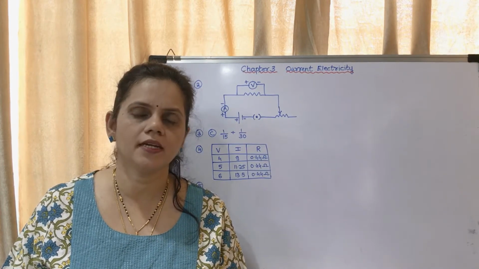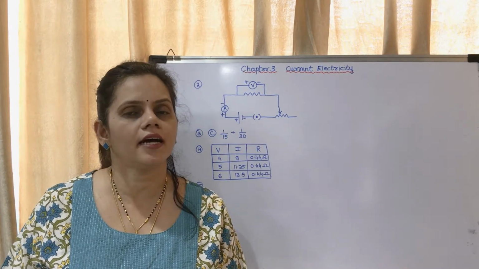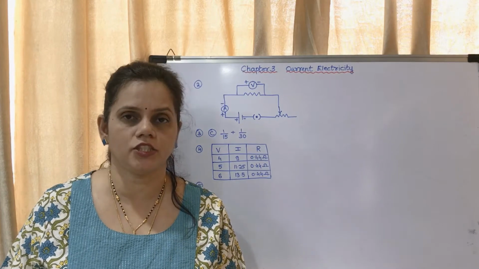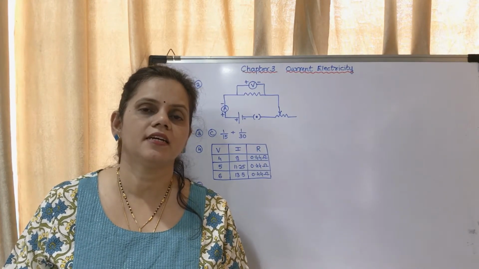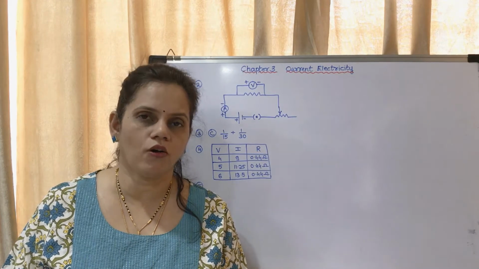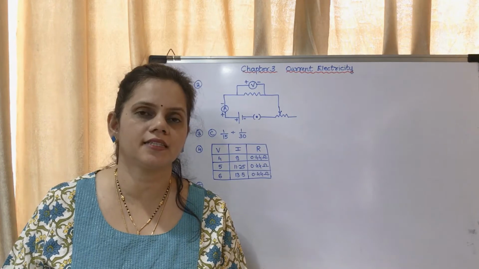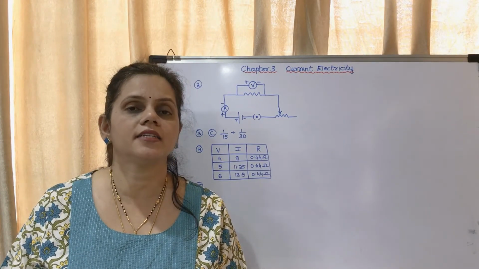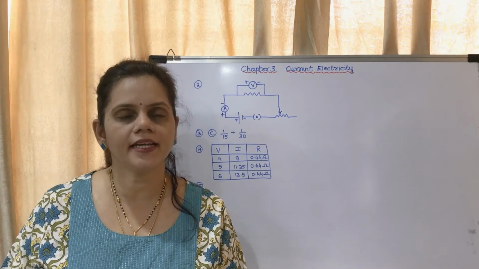So the excess current won't flow through the appliance and the appliance won't get damaged. The fuse is melting, meaning the circuit is cut off and the appliance is protected from getting damaged.